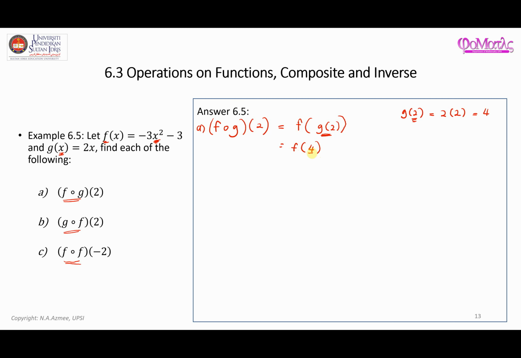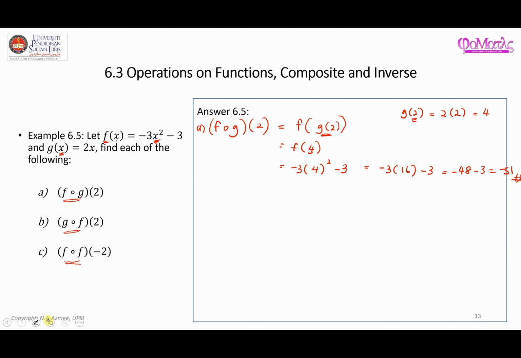So that will be -3 times 4 squared minus 3, which is -3 times 16 minus 3. That is -48 minus 3, which is -51. So the answer is -51.